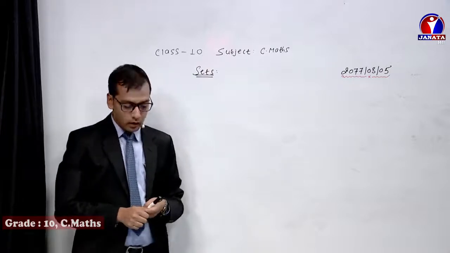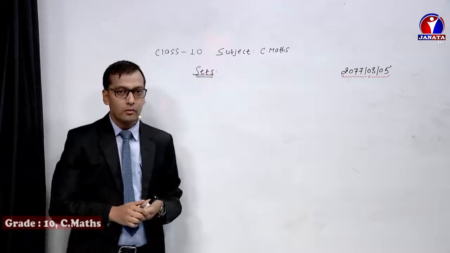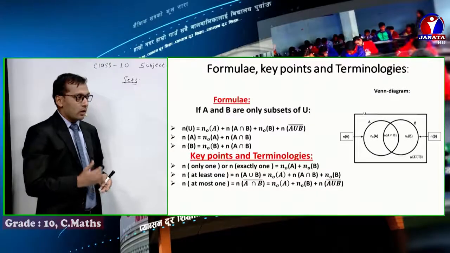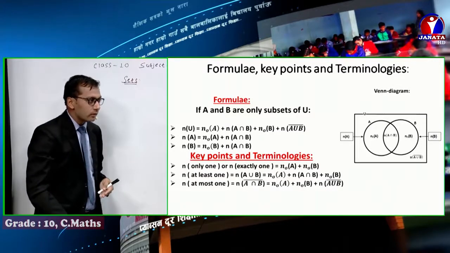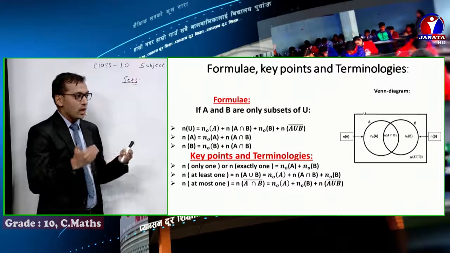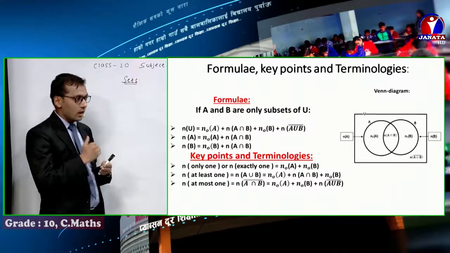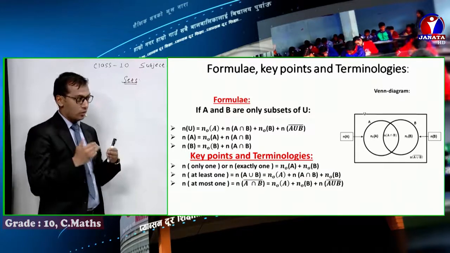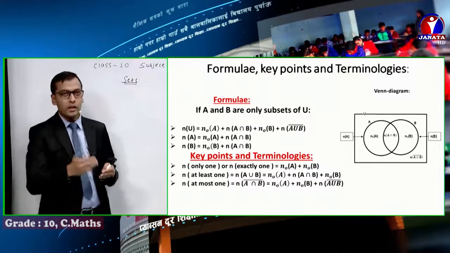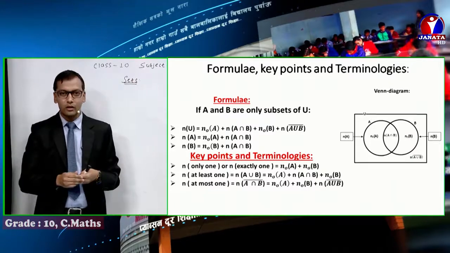All right, so some key points. I'm going to talk about some key points based again on the Venn diagram. I do not have much time to take questions today, so we will discuss for two or three more minutes some key points that are very important for exercises or questions based on two subsets.